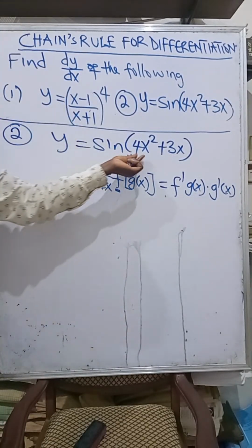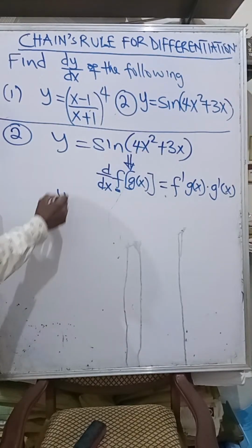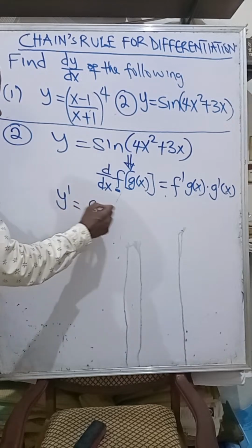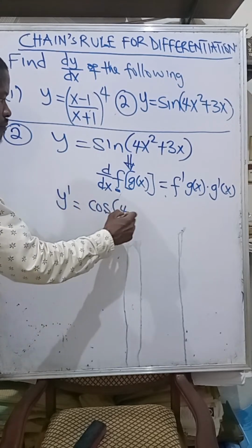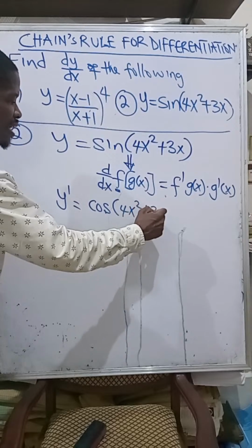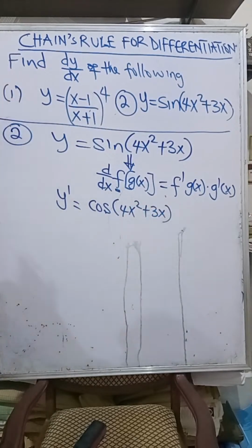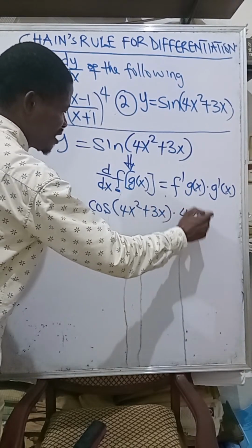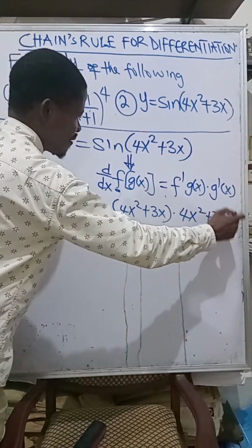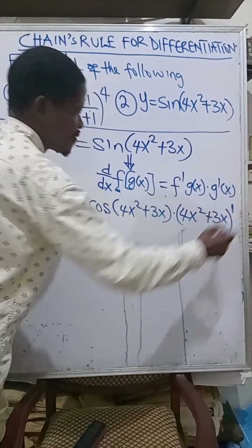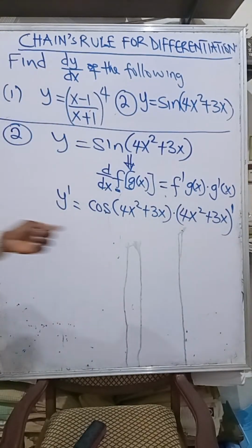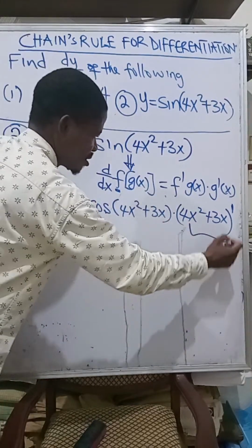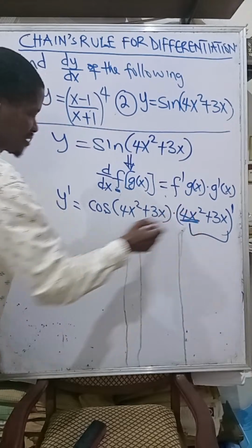So that's what we're going to do here. We're going to differentiate the sine first. That will be cos of the function 4x squared plus 3x, and then times the derivative of the inner function. I'm using prime for that differential coefficient. If you differentiate this one, it's going to give you the derivative of 4x squared, that's 8x.